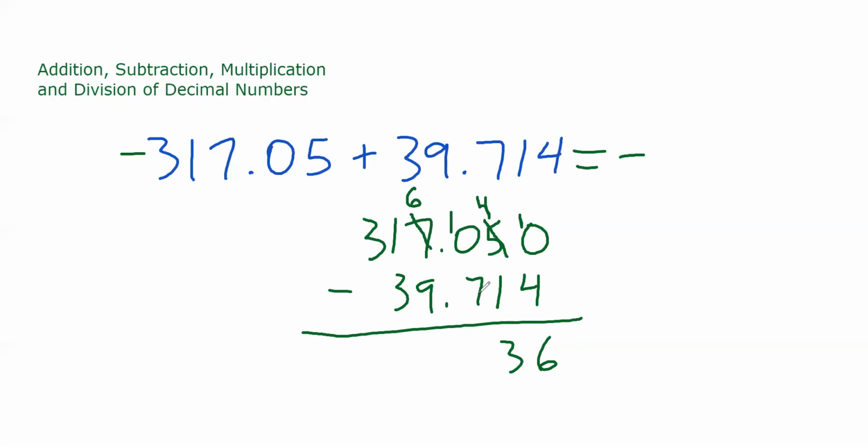And we have 10 minus 7, which is 3. Line up your decimal points. Now we have 6 minus 9, can't do it. So we're going to borrow a 1, and really we're going to make that 16 minus 9. 7. So lots of borrowing happening here.